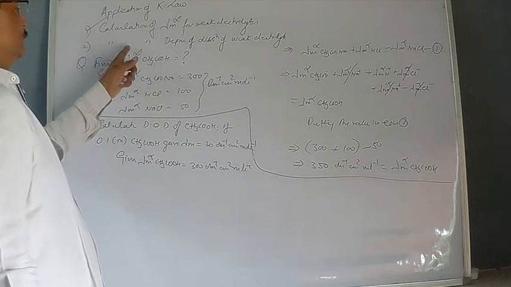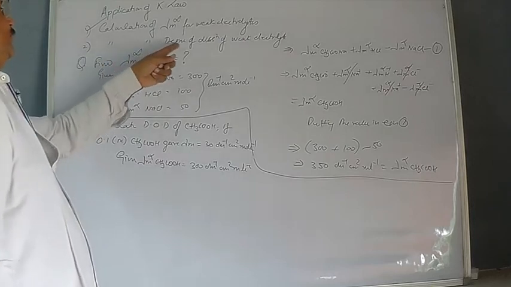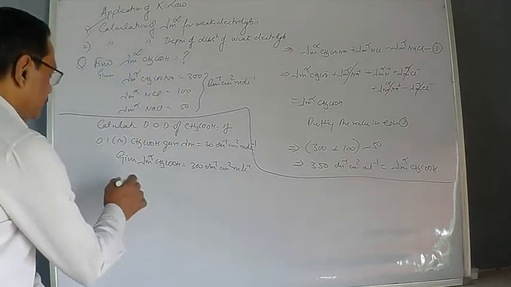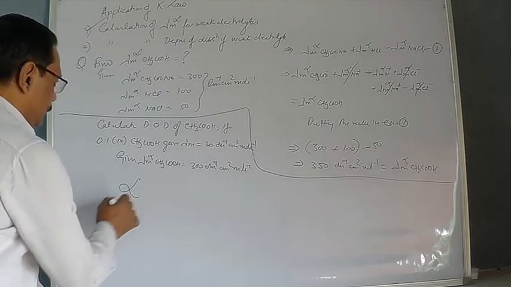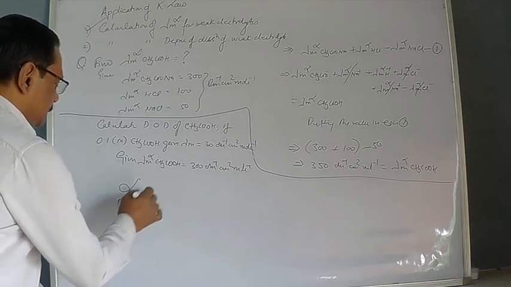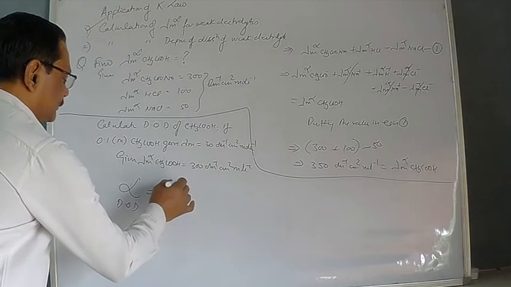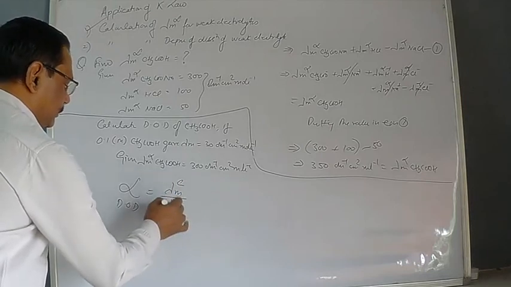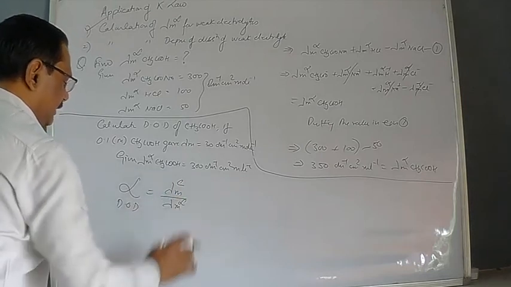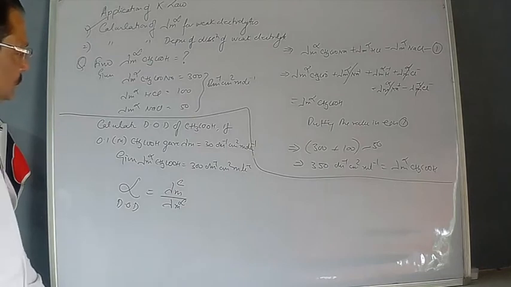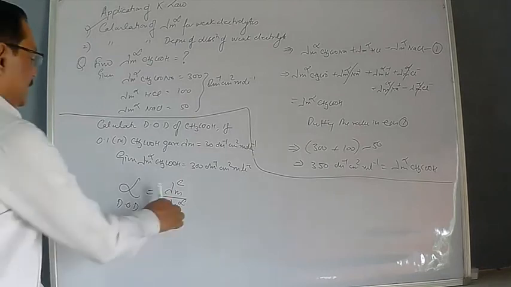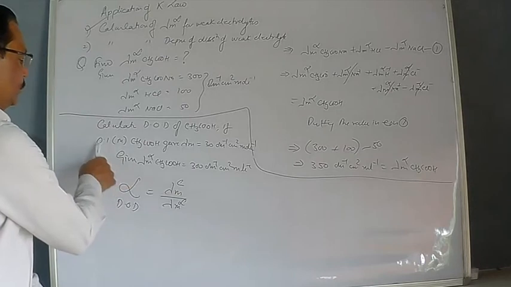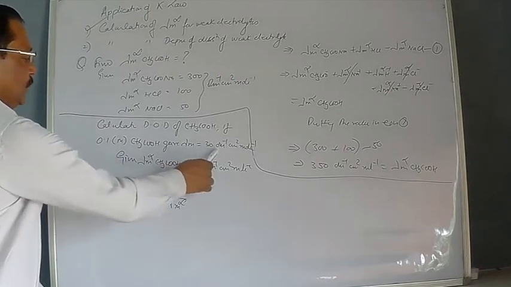Class, the formula for calculation of the degree of dissociation of an electrolyte is as follows. Alpha, the degree of dissociation, equals molar conductance at concentration C upon molar conductance at infinite dilution. So class, molar conductance at 0.1 molar concentration is how much? 30.